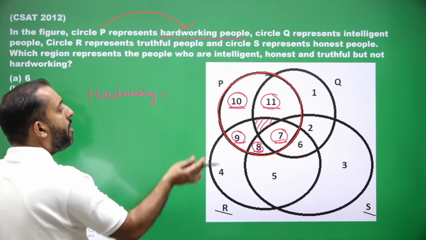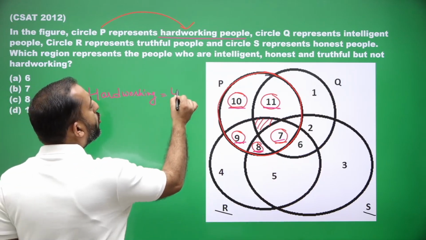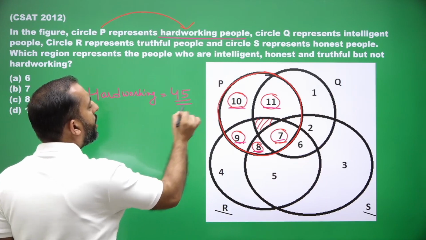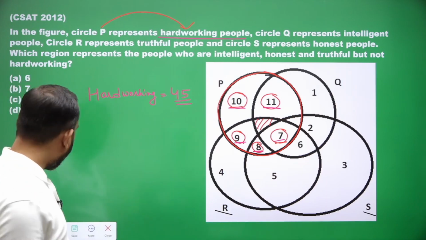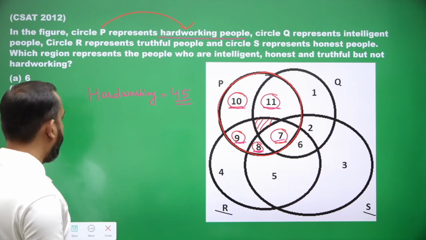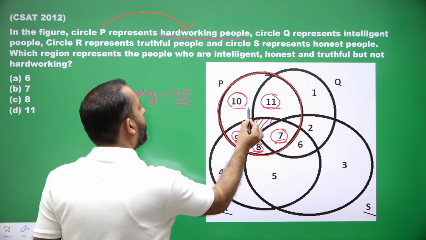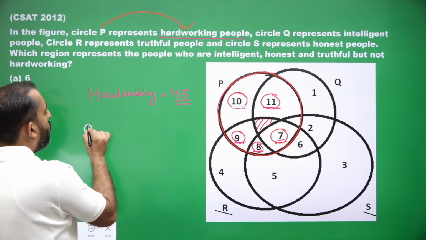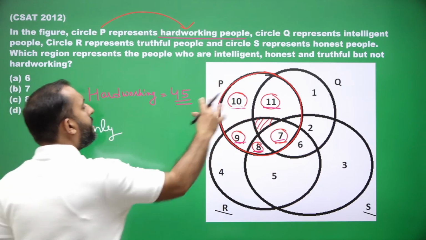So I can say from this particular diagram, the total number of hardworking people is how many? 45.